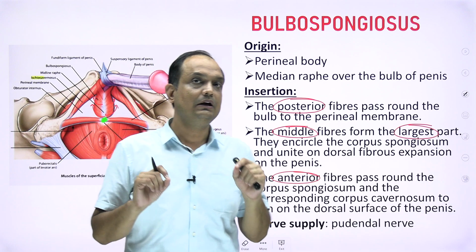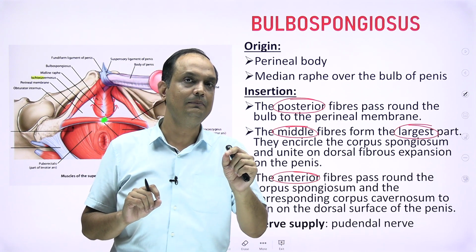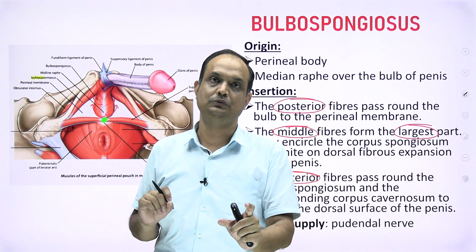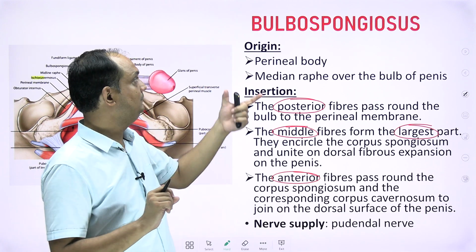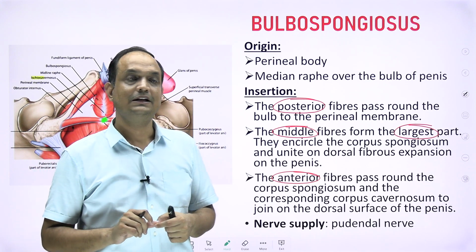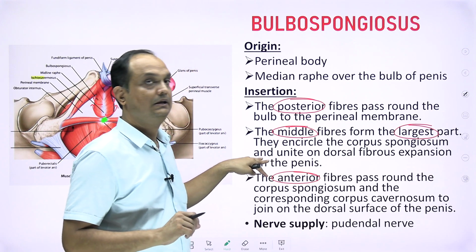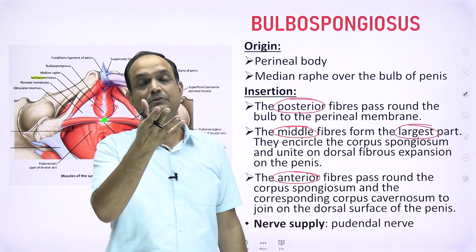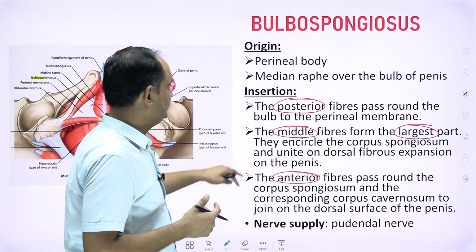Now, you have to understand that the root of the penis has the bulb and the crus, and they are both erectile tissue, and the erection of the penis is maintained by the supporting muscles known as ischiocavernosus and bulbospongiosus. So, you have to understand that the corpus spongiosum also has a very important role because its proximal end is known as the bulb of the penis.